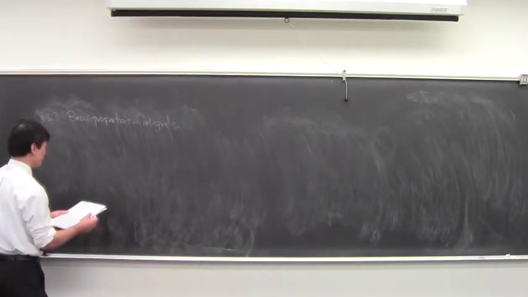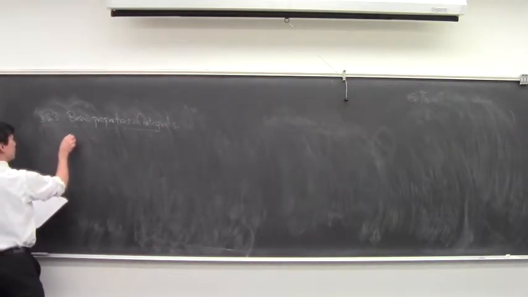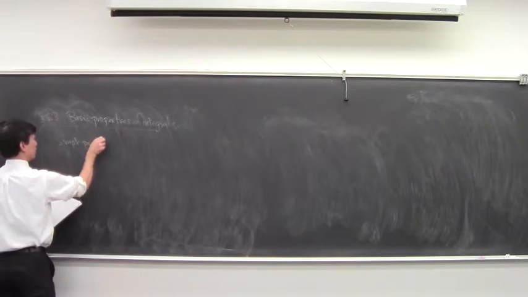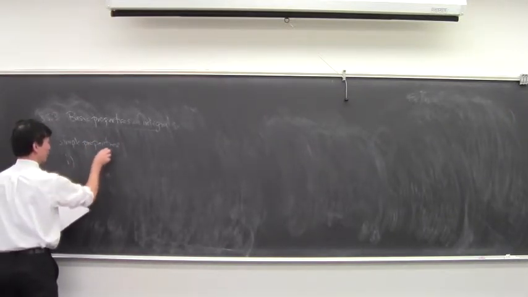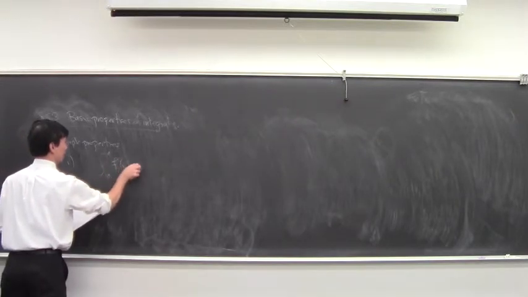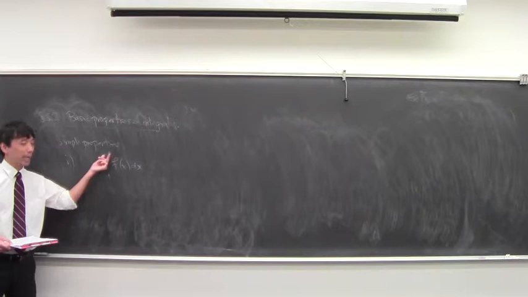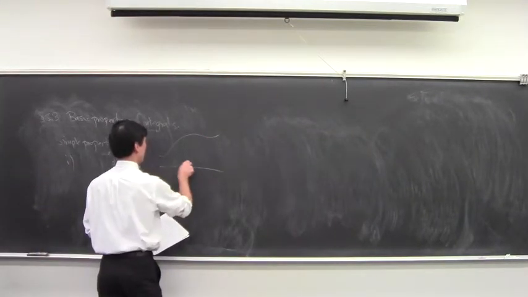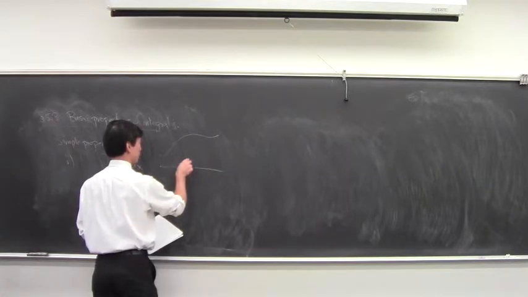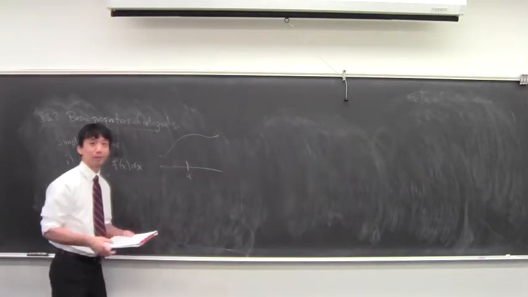And so here's some simple properties. So first, some simple ones. One, suppose you take the integral from a to a. Okay, so you have some function, and you take the integral, but it goes not from a to some other point, but from a to that point itself.